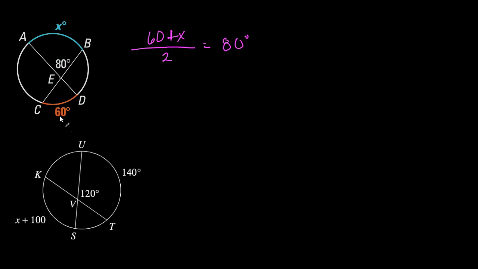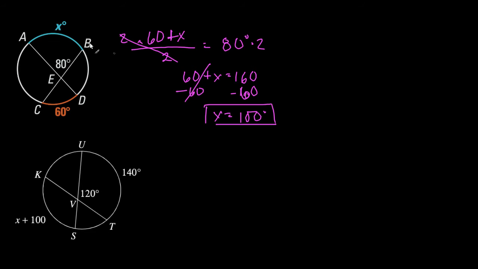So let's just multiply both sides by 2. 60 plus X equals 160 degrees. Take away 60 degrees. X is 100 degrees, which makes sense because 100 plus 60 is 160, and 160 divided by 2 is 80 degrees.